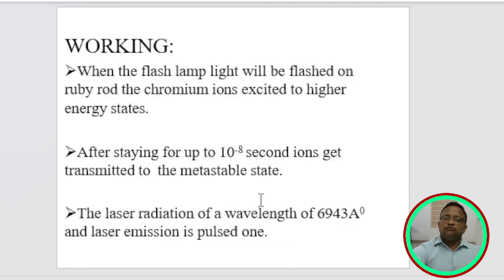When the flash lamp is on, the aluminum ions are replaced by chromium ions, which are excited to the higher energy states. After staying for a time interval of 10 to the power of -8 seconds, all the ions come to the metastable state.